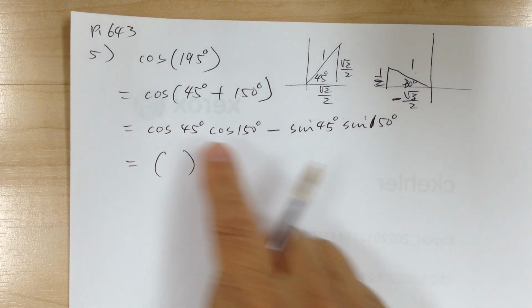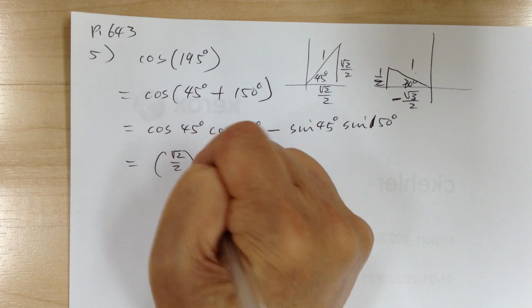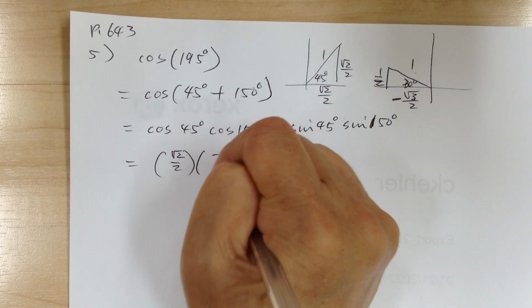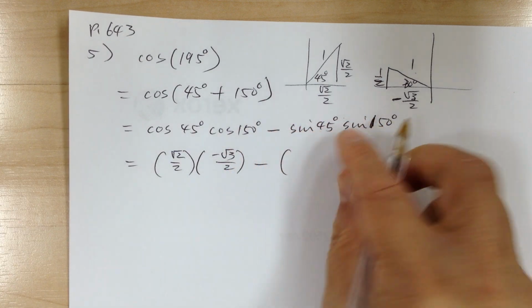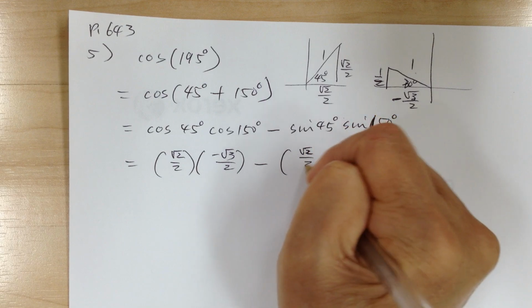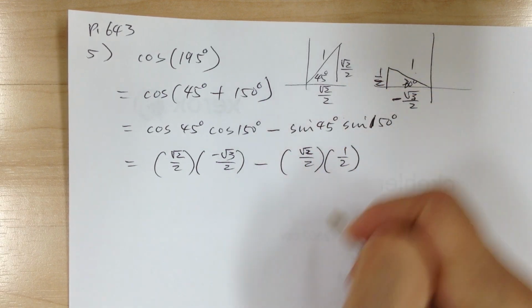Okay, so let's evaluate. So cosine of 45 is this one here, so it'd be square root of 2 over 2. Cosine of 150 is this one here, so negative square root of 3 over 2. Sine of 45 is this one here, so it'd be square root of 2 over 2. Sine of 150 is this one here, so it'd be 1/2.